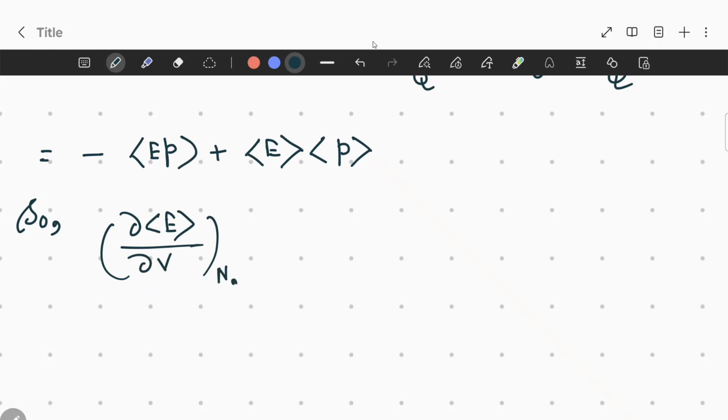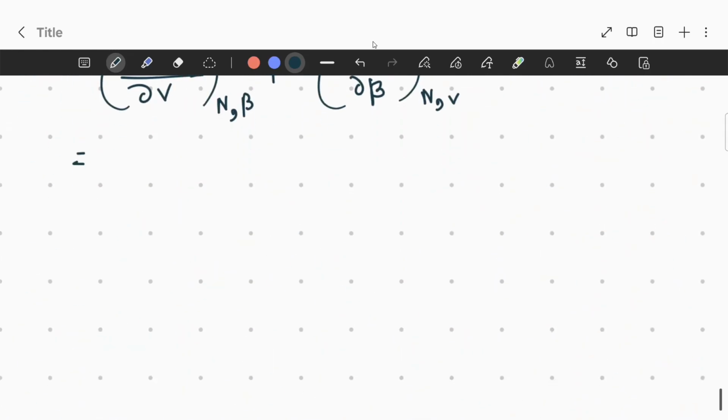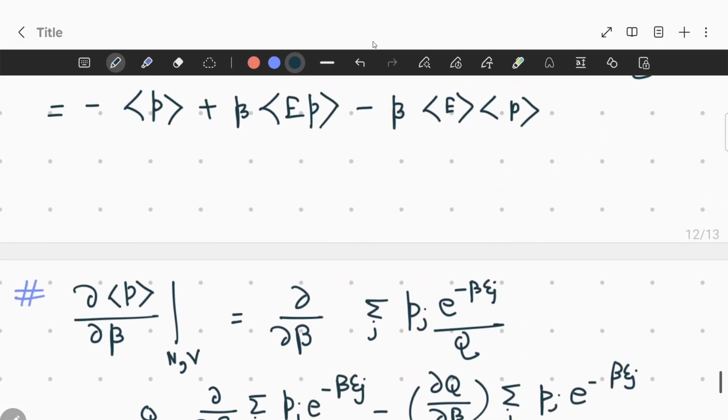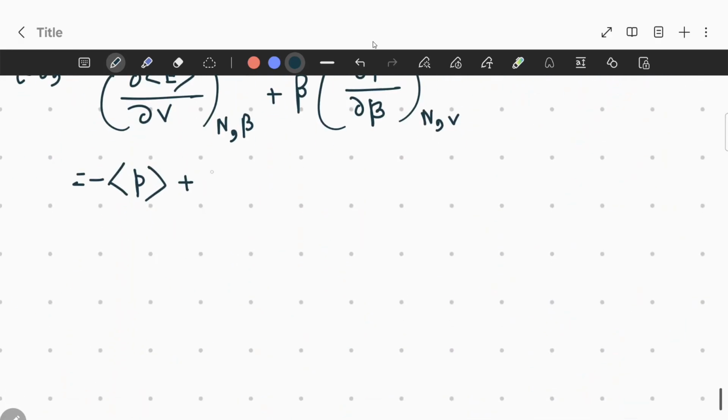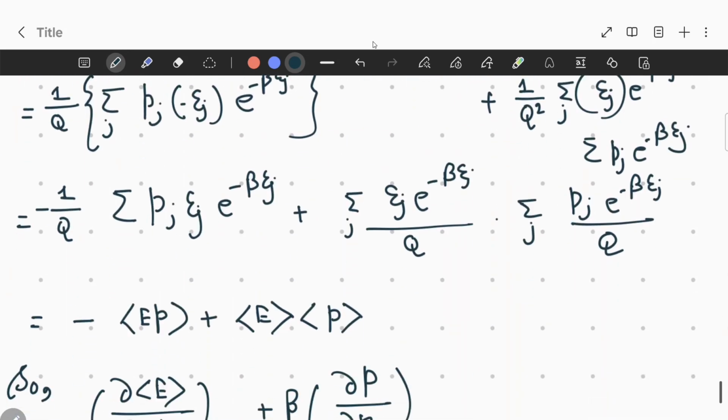del P by del V when N and beta are constant, plus del P by del beta when N and V are constant. Then what you have from the first case is minus P average plus beta E times P average minus beta E P average.